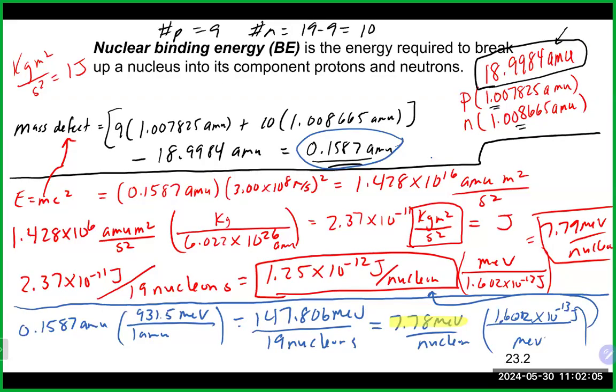So out of those three, iron 56, which was on the top of that graph, had 8.8 mega electron volts per nucleon, which is much higher than our fluorine, and also higher than our carbon 16. So it'd be iron, then fluorine, then carbon 16 if you're comparing stability based on binding energy per nucleon.